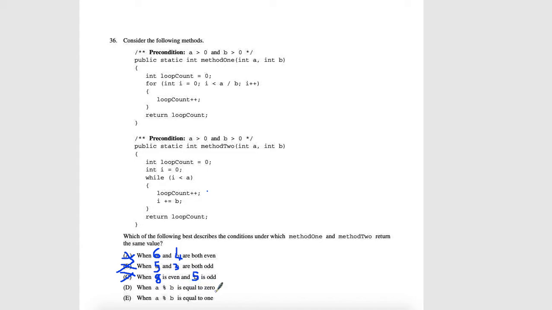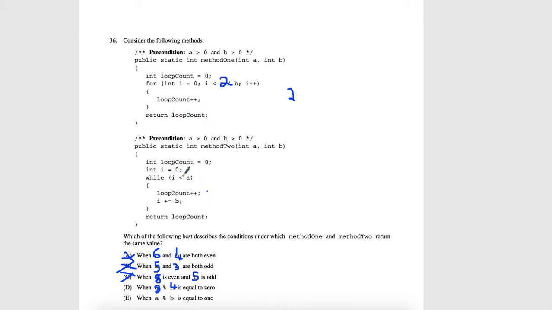A modulo B is equal to 0. Well, let's pick some numbers where A modulo B is equal to 0. Let's pick 8 and 4. Here, in the first loop, 8 divided by 4 is going to give us 2 under integer division. That means this loop will run twice, and loop count will be equal to 2.